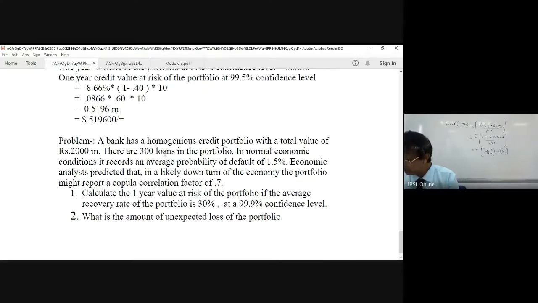So if you want to get 0.743, that means it is 0.3 of 30. That is 0.09.